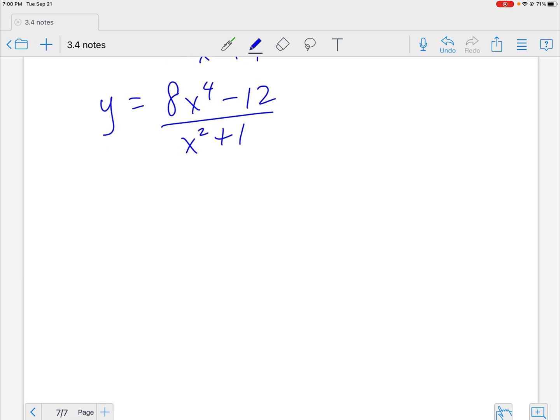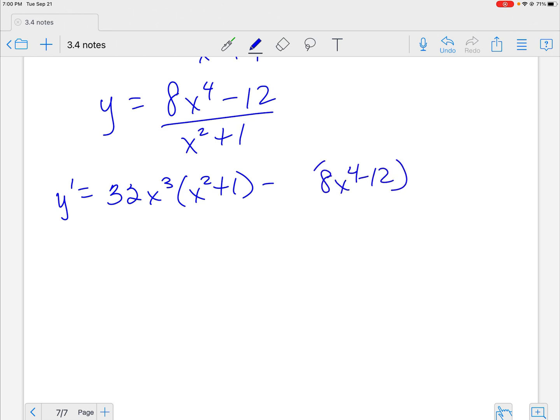So now we do the quotient rule. The derivative of the top is 32x³ times the bottom minus the top, 8x⁴ minus 12. I know what's going to happen because look how sweet this one is, just a little 2x, right? All over the denominator squared.